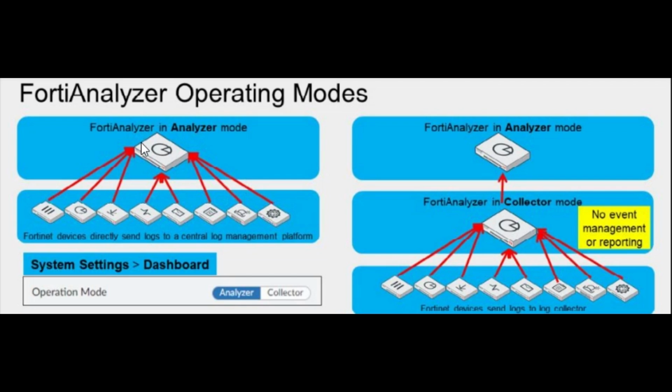When operating in collector mode, the device collects logs from multiple devices and then forwards those logs in their original binary format to another device, such as a FortiAnalyzer operating in analyzer mode. In analyzer mode, the Fortinet device directly sends logs to the central log management platform.